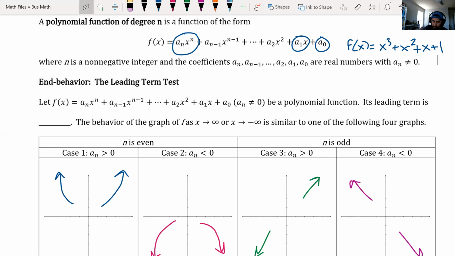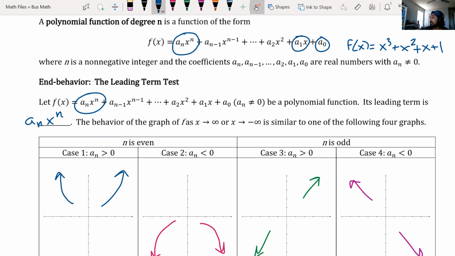So we want to know how the graph of a polynomial function opens. The next part is called the end behavior and the leading term test. All we do is look at the leading term of a polynomial function, and the leading term is always the term with the highest power. From this standard form of a polynomial, our leading term would be a sub n times x to the n.